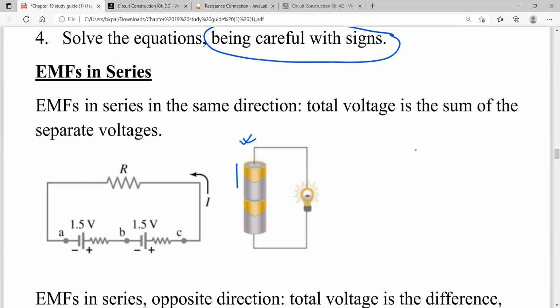The simplest connection is this one, 2 batteries connected one on top of another. Here you see that the negative of this battery is connected to the positive. If we have a combination like this, then the total EMF is the sum. If each is 1.5, the total EMF will be 3 volt. The schematic diagram is this one.